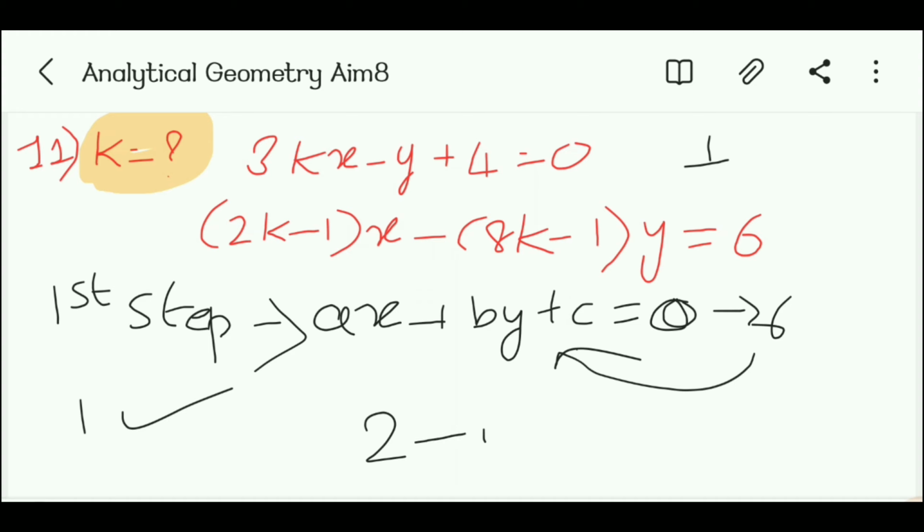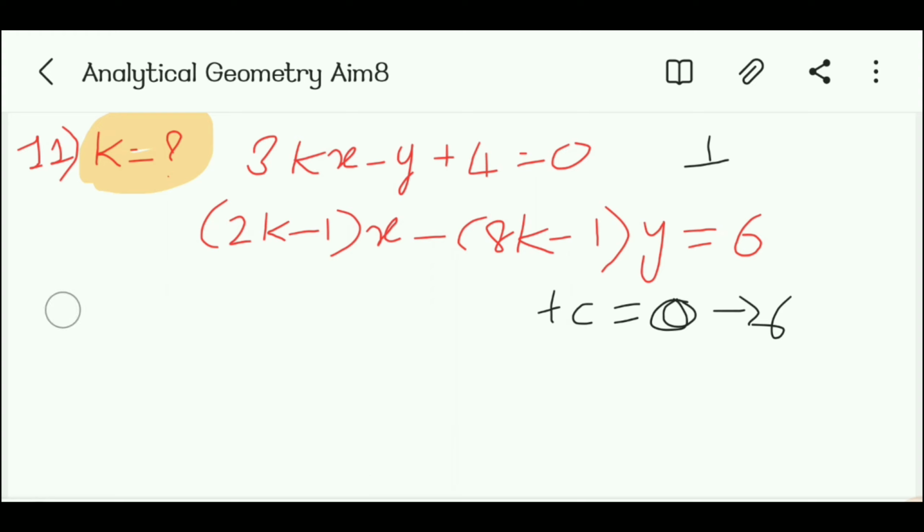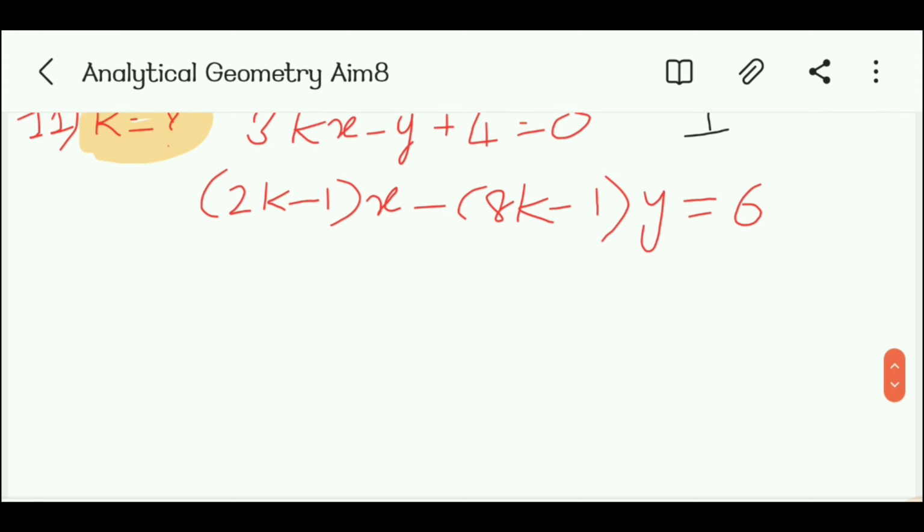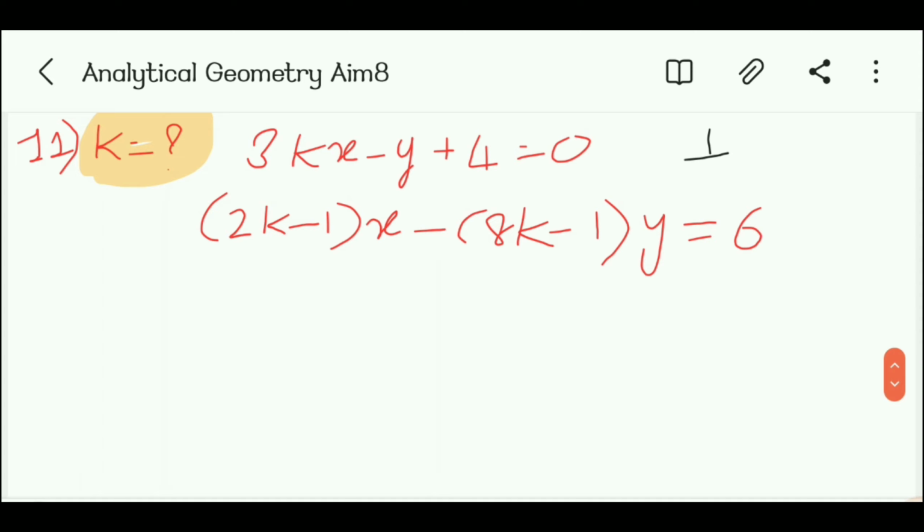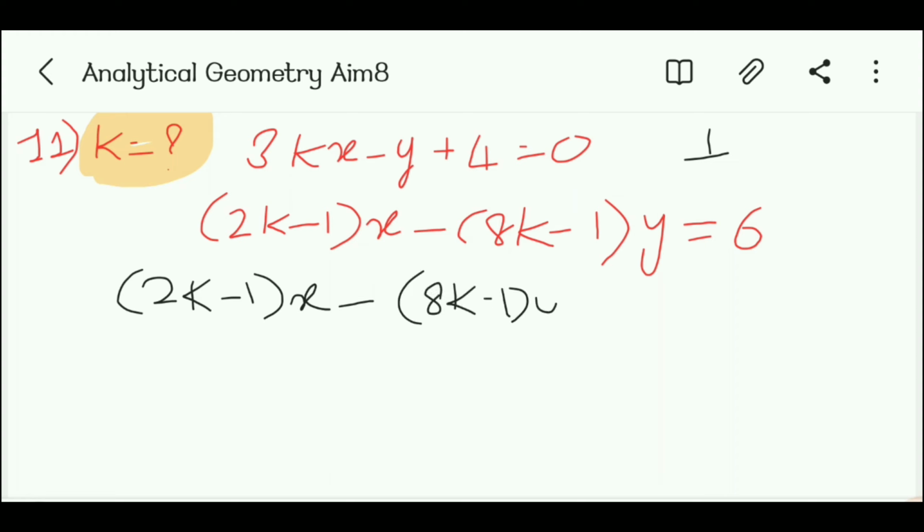So now turn this second equation into this form. Okay, now I'm turning it. 2k minus 1 into x minus 8k minus 1 into y, just send the 6 to the LHS. Minus 6 is equal to 0.